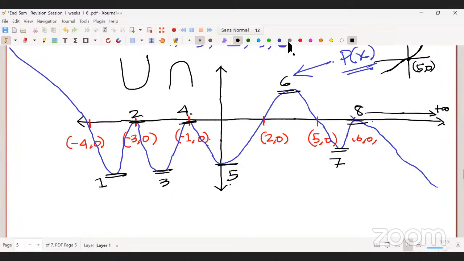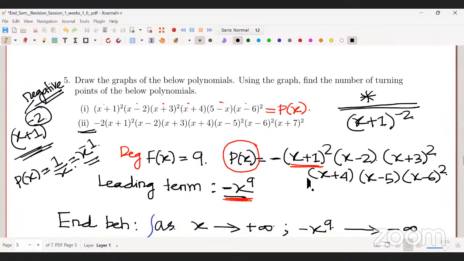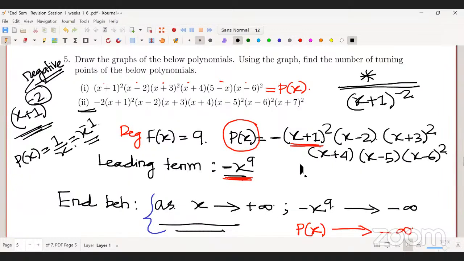Yes, sir. Because in one of the question papers we had a question like at least these many turning points, and we have to say true or false. No, that's as I said, right? That depends on the polynomial. Like if some polynomial is mentioned, then I can say about the minimum number of turning points. See, if you simply ask what will be the minimum number of turning points for a degree 9 polynomial, then the answer is 0, right? 0 is also a possible answer.